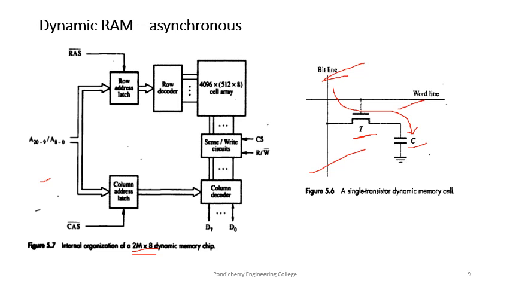So the 4096 cells in each row are divided into 512 groups of 8, so that a row can store 512 bytes of data. So therefore, how many address lines are required for 512 bytes of data?